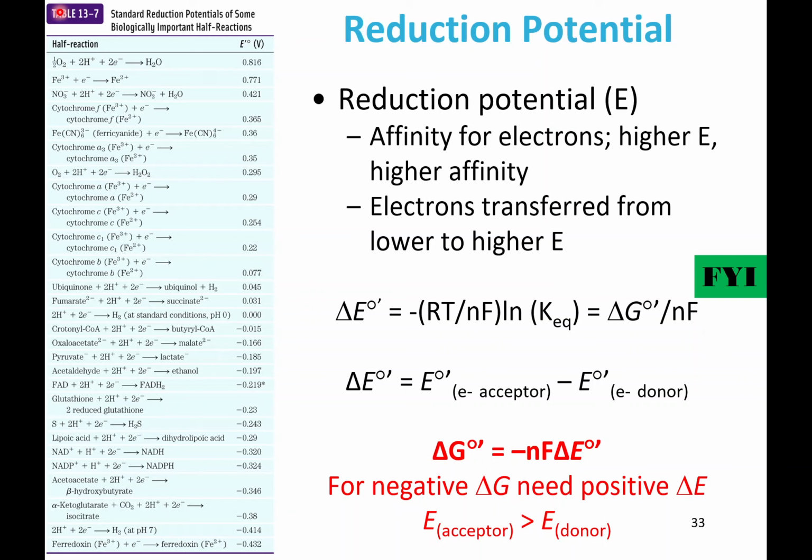This is a bit of an FYI, but you can talk about the reduction potentials of certain reactions and rank them. In this chart they're in volts, the volts of each of these reactions.